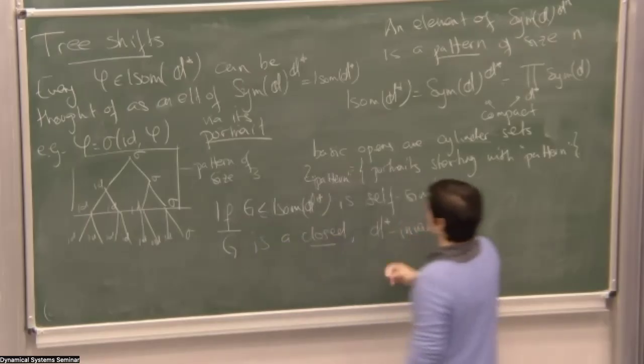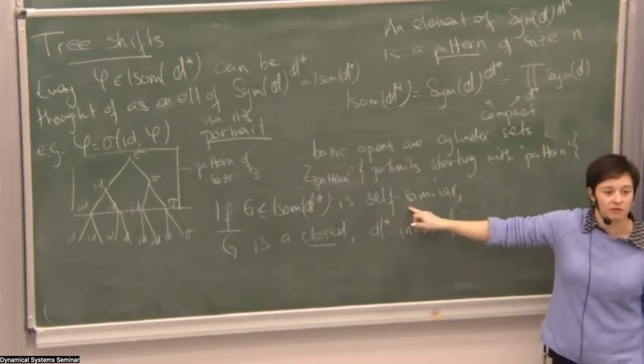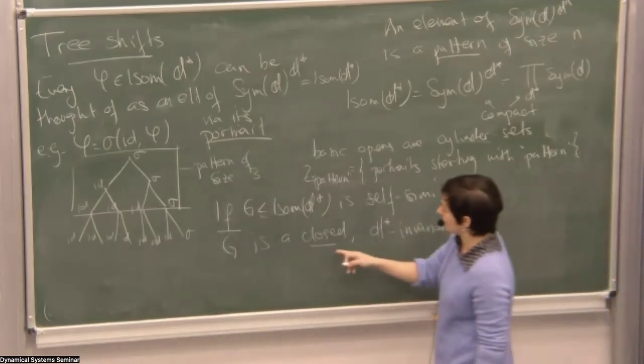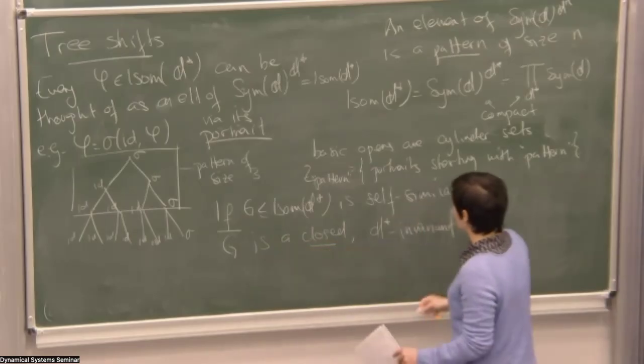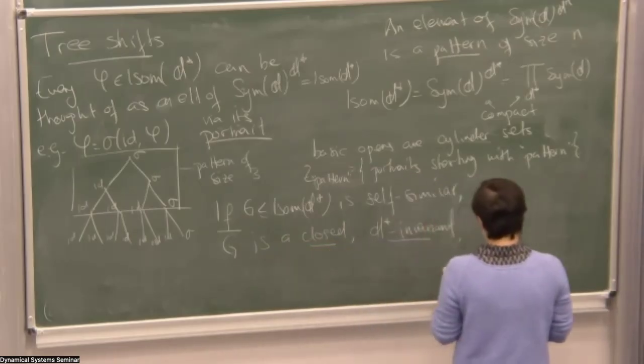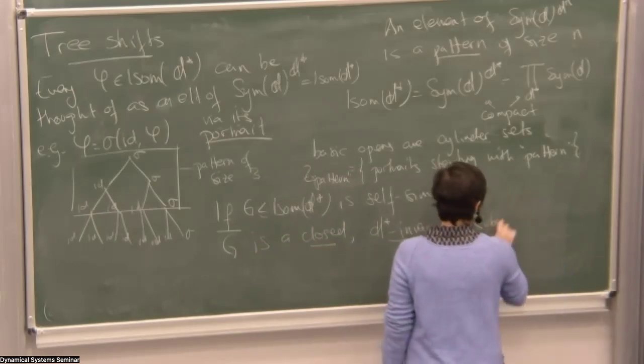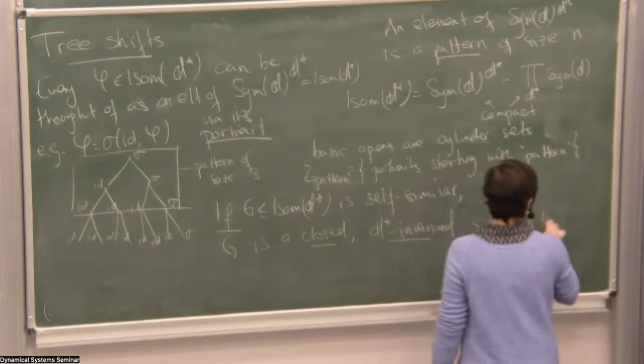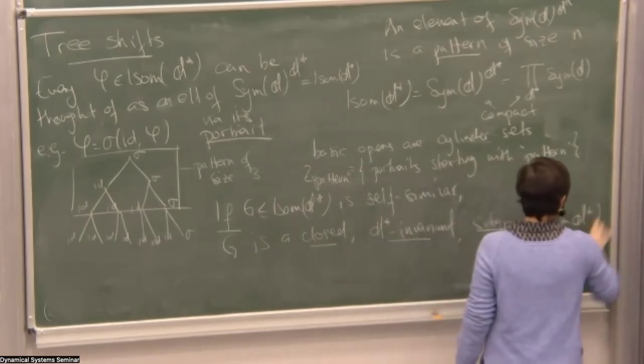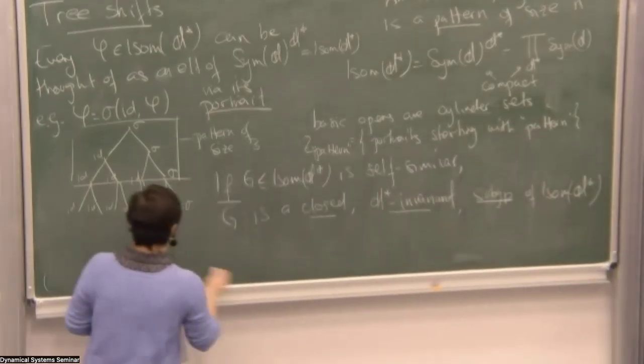That's what self-similar means. It means D star invariant. So now I've taken the closure, so this thing is closed, D star invariant, and it's also a subgroup. And this is what I'm going to call a tree shift.